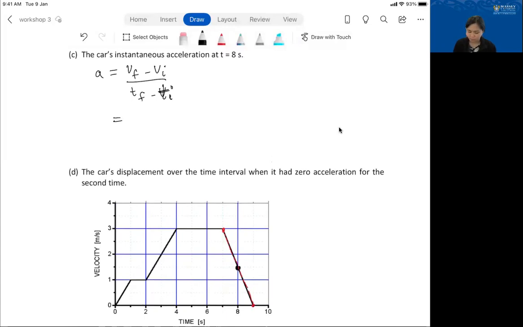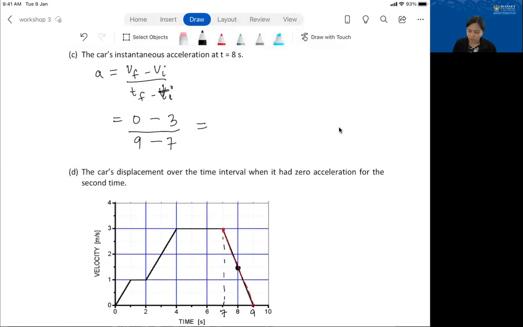The graph is going down, and the initial velocity is 3. Final time is 9, and the initial time is 7.